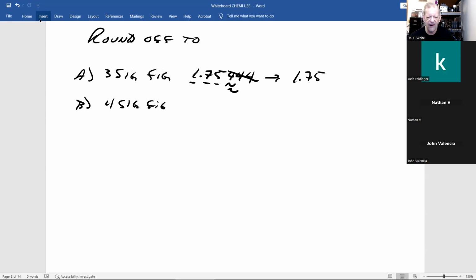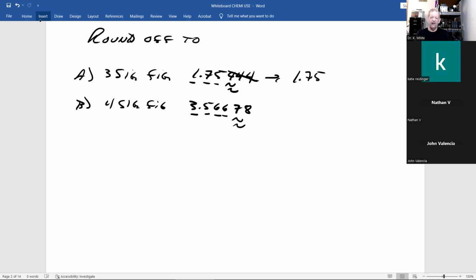And what if you had to round this off to 4 significant figures? Well, the first significant figure you keep is this, and then this is my second, third, fourth. This is the number we use to round off.